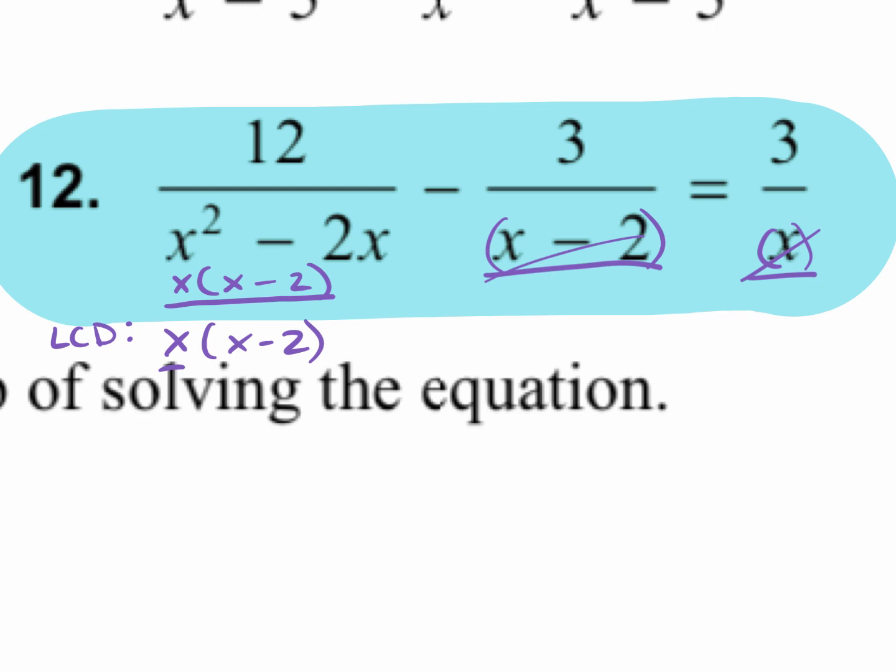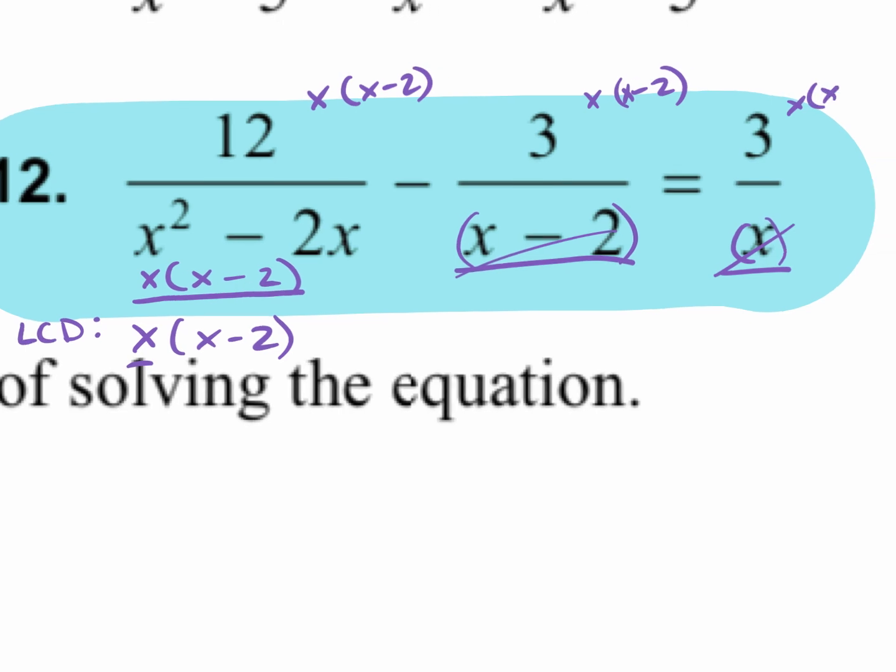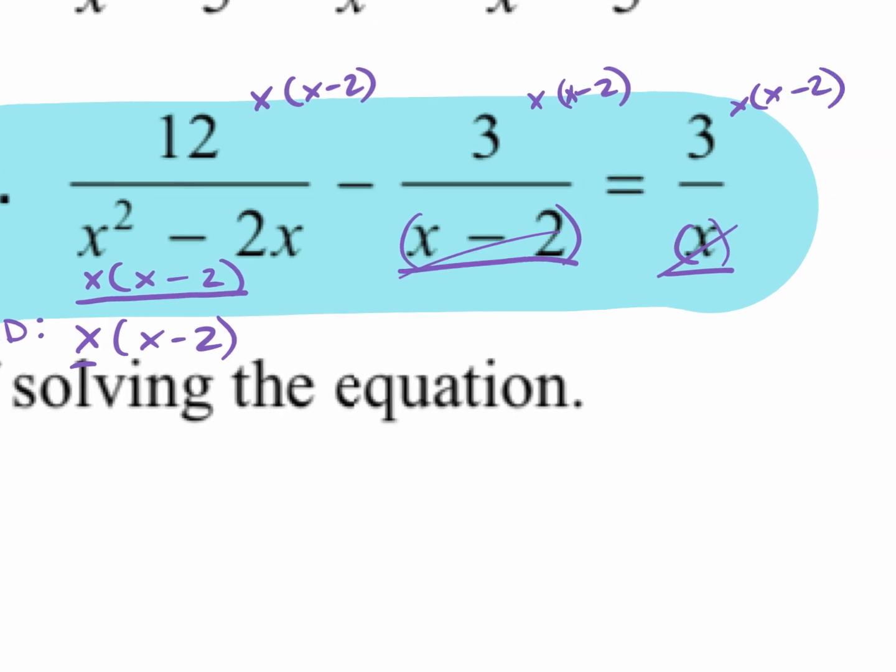What do we do next? Multiply by the least common denominator, so everything gets multiplied by x and x minus 2. So if it's already in the denominator, we can cancel it out. Does anything cancel from the first fraction? Both of them. We've got an x and an x minus 2.